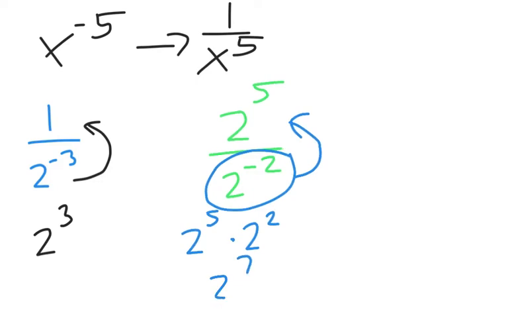So the top one wouldn't change to negative. If I move it to the denominator, it could become negative. But because it was in the numerator, I didn't drop it. I just moved the one in the denominator to the numerator, and this was already there, so I moved it up there with it.